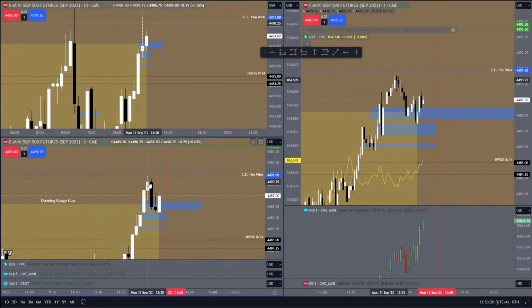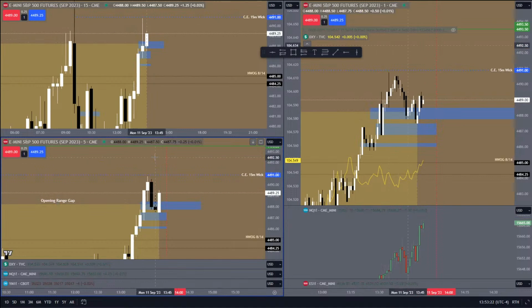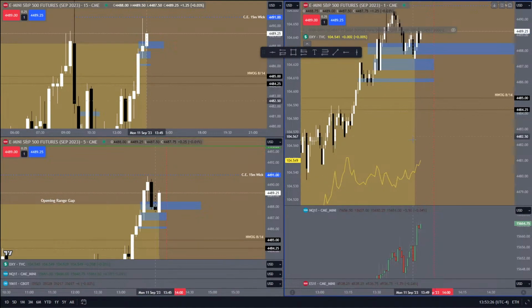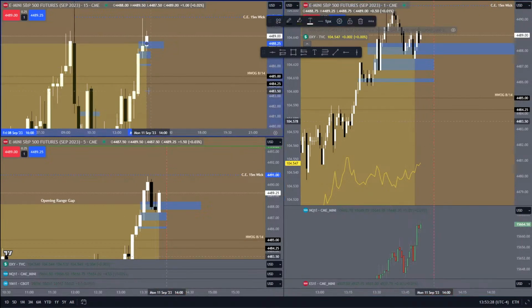I like this 5-minute structure. If we can break above it, using it as somewhat of a support for price.